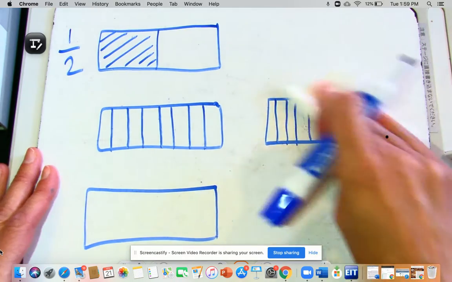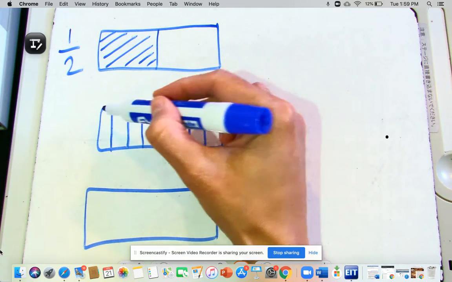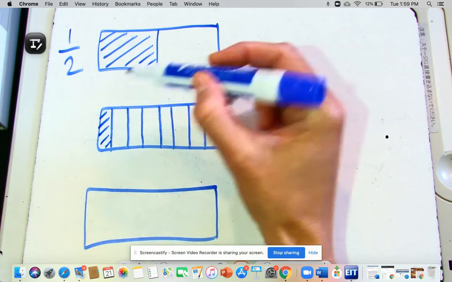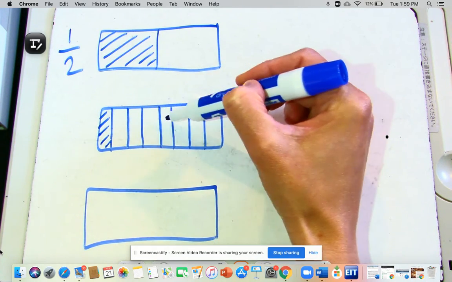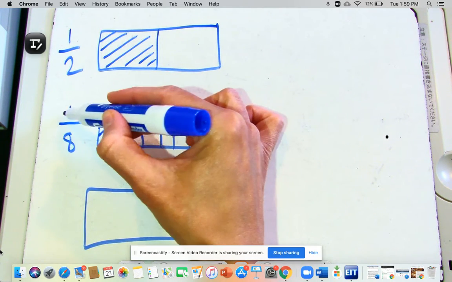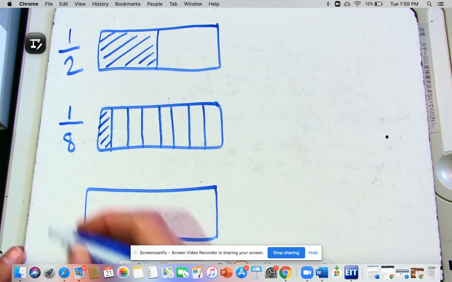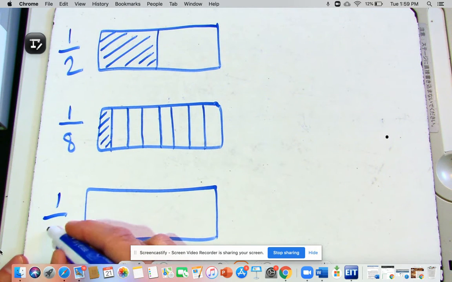So that's a nifty little trick here. Let's make sure that we have 1/8. Here's one part out of 1, 2, 3, 4, 5, 6, 7, 8. So this is 1/8. Look at how tiny that little chunk is. And then the other one they want us to compare is 1/5.